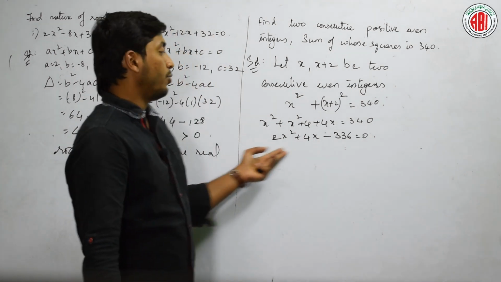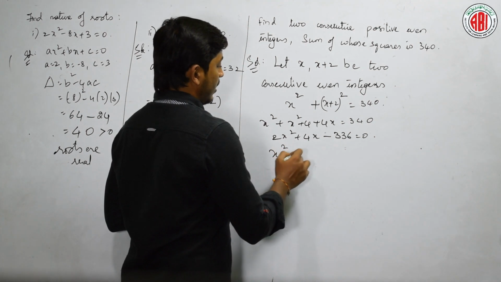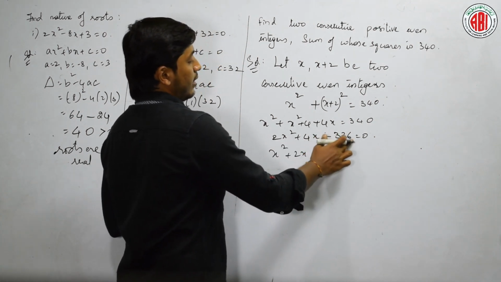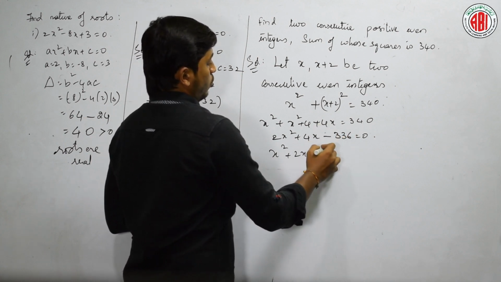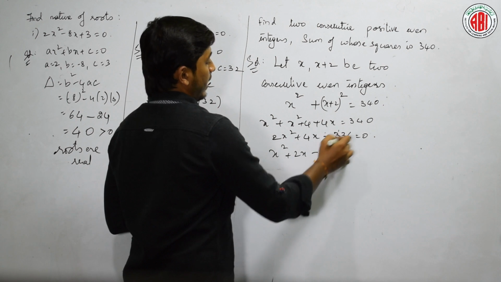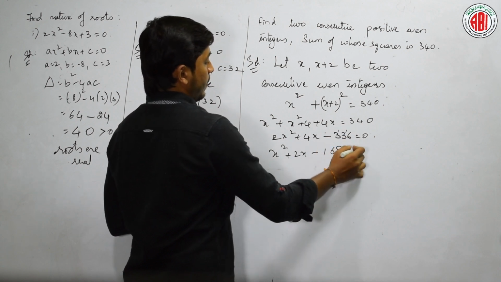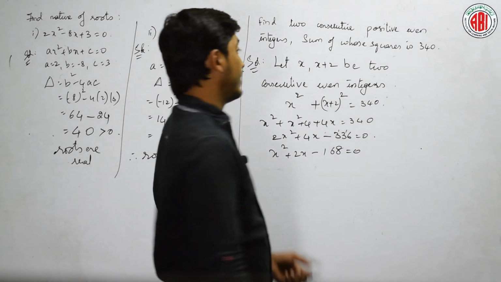Okay. Can we take 2 common from this? Yes. So, I will get it as x square plus 2x minus half of this, that will be 2 1s are 2, 2 6s are 12 and 2 8s are 168. What are the factors of 168?